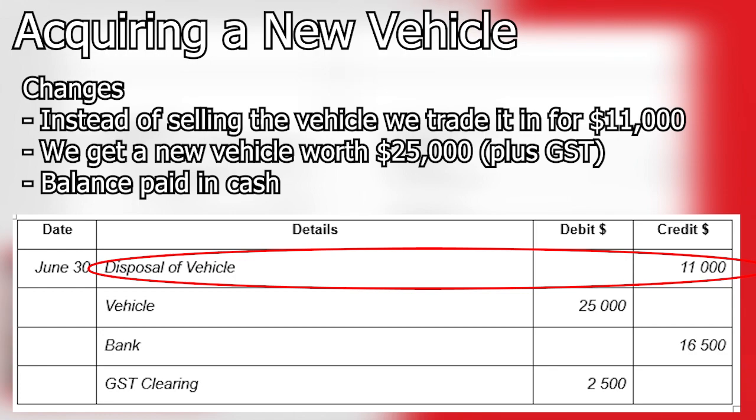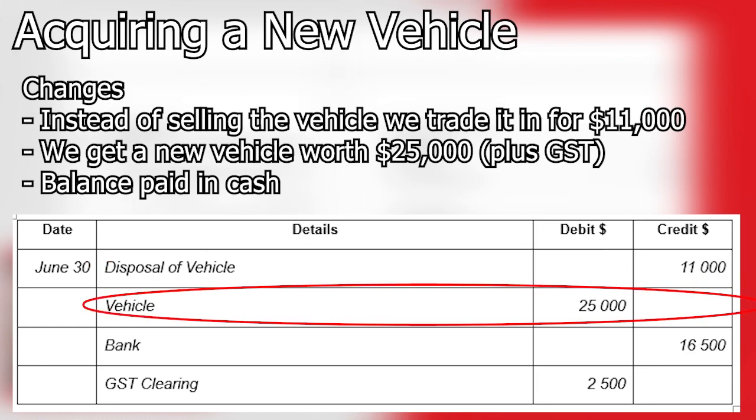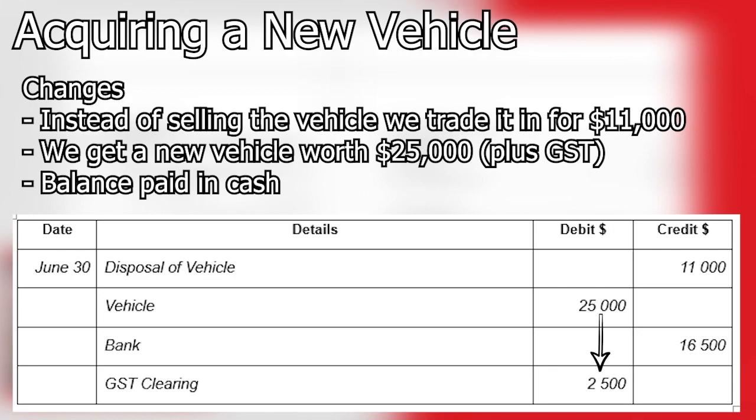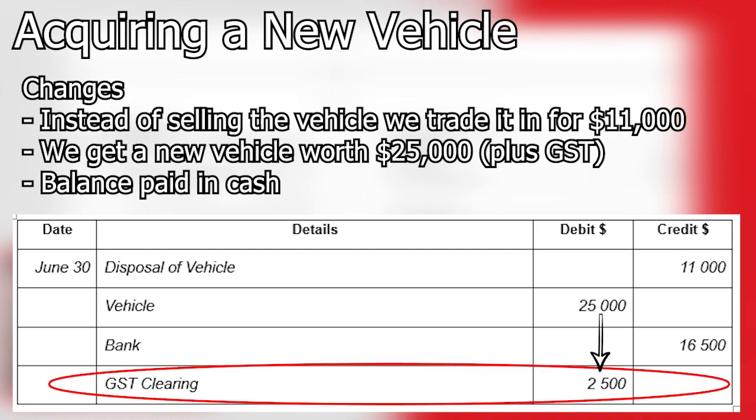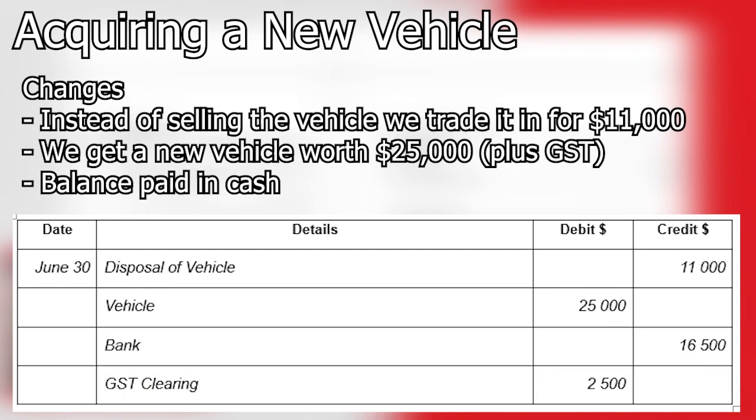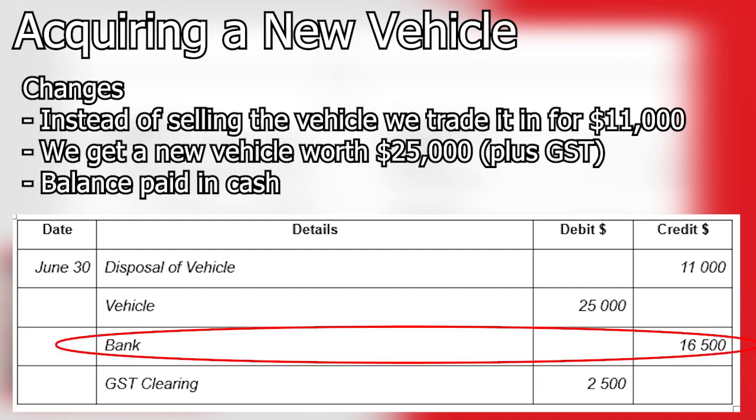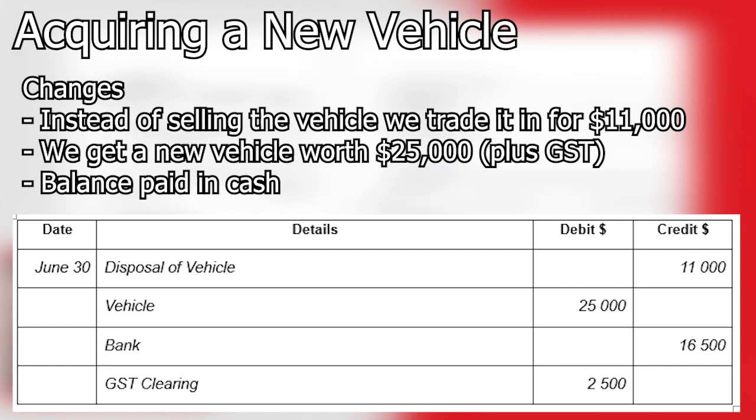We need to create a new vehicle of $25,000, so that's a debit. And then GST clearing will be 10% of that. We pay that, obviously, so it's a GST outflow, which is a debit of $2,500. And then the bank is used to make this transaction balance. So that's where $16,500 belongs, sorry, as a credit. There we go. So that is how we treat that. That's the only change that occurs if you buy a new asset.